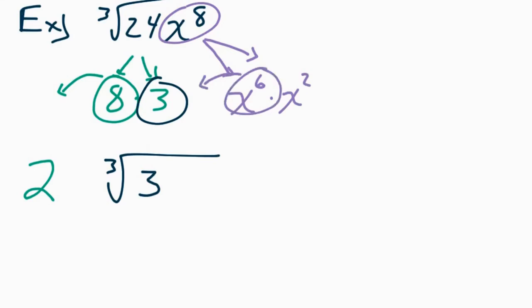Remember, when it comes out, it divides by this 3. And so that's why we end up with an x squared. So again, we divide the 6 by that 3. It also leaves behind an x squared. So this is known as simplifying a radical purely by taking out, again, those even roots.